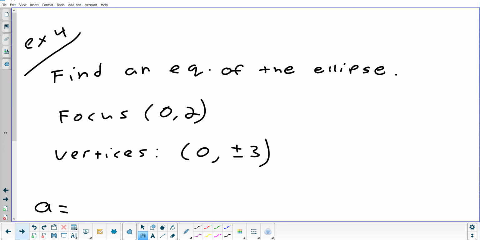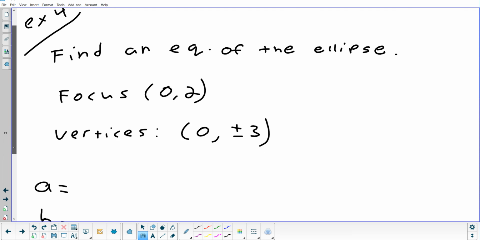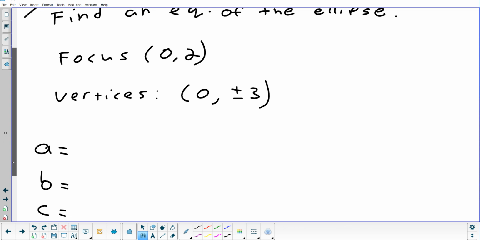Alright, so let's try one again where we find the equation. Okay, again, first thing you want to do is write down A, B, and C. Abigail, can you tell me any one of those that you think you have enough information to figure out?